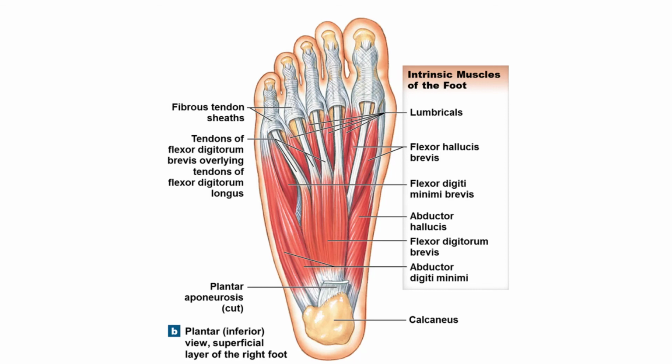The flexor digitorum brevis performs flexion of the toes 2 through 5, whereas the lumbricals perform extension of the toes 2 through 5. The abductor digiti minimi abducts the little toe, whereas the flexor digiti minimi brevis performs flexion of the little toe.